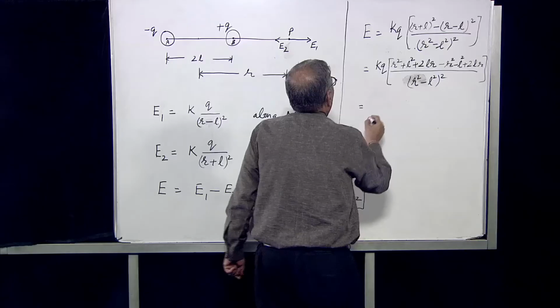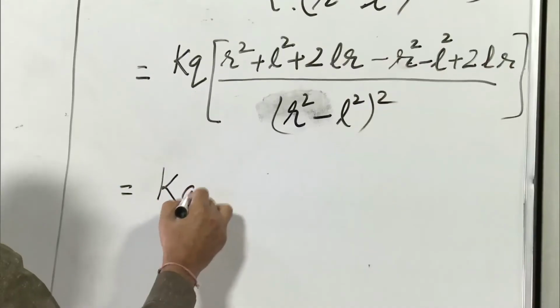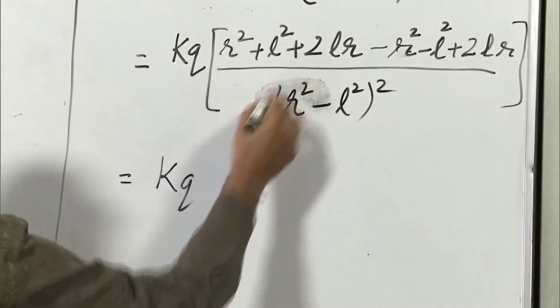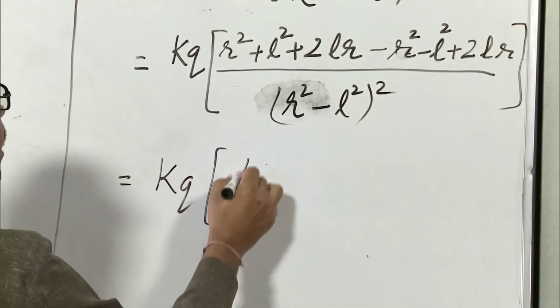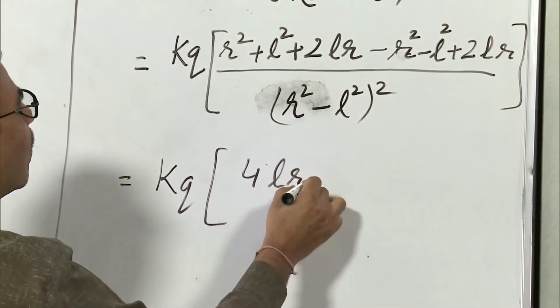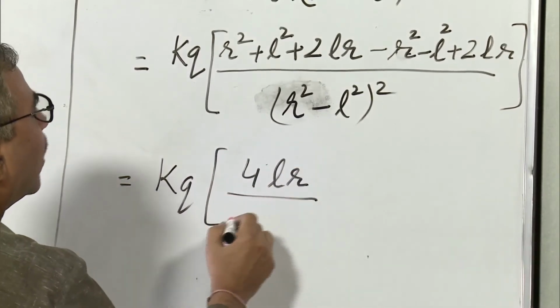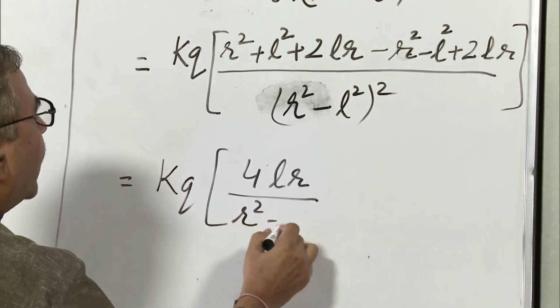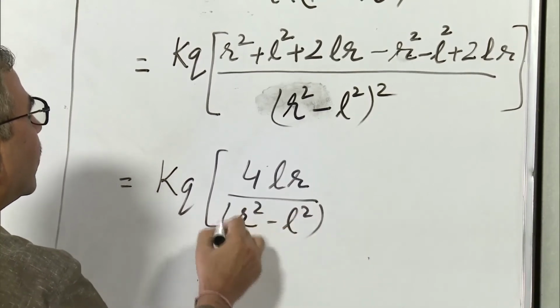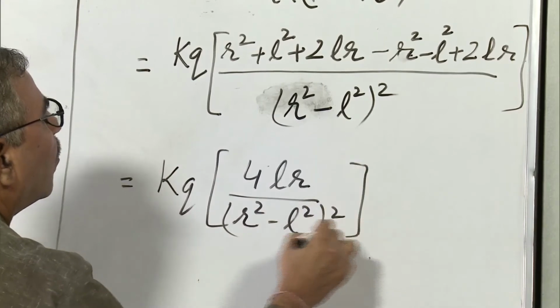So this comes out to be KQ 4LR upon (R² − L²) raised to power 2.